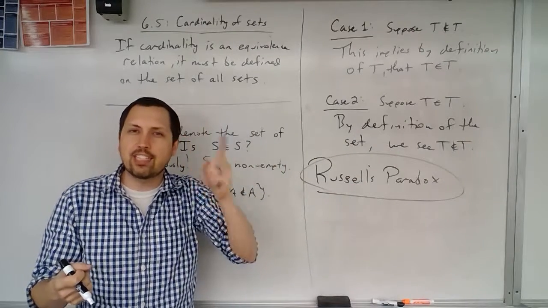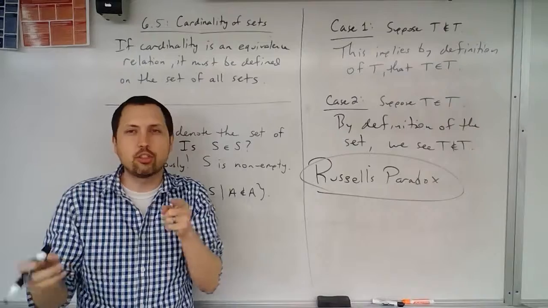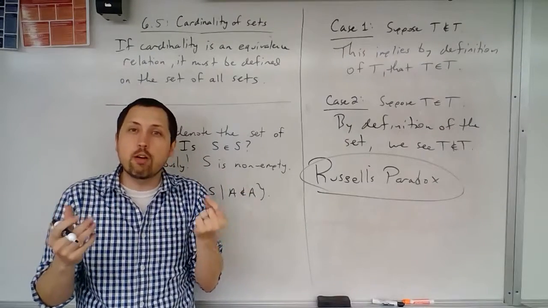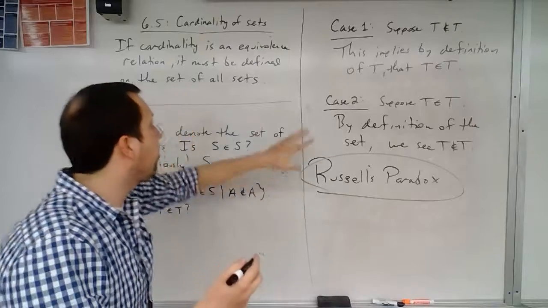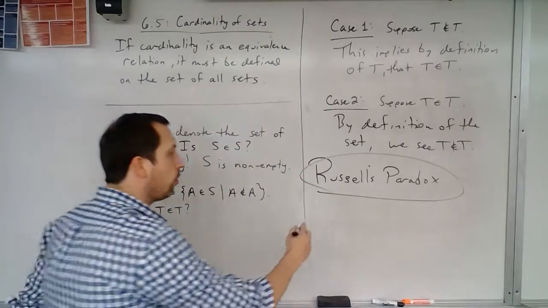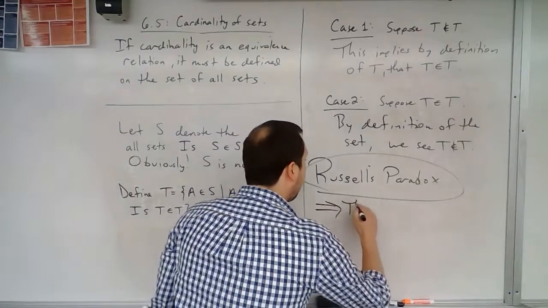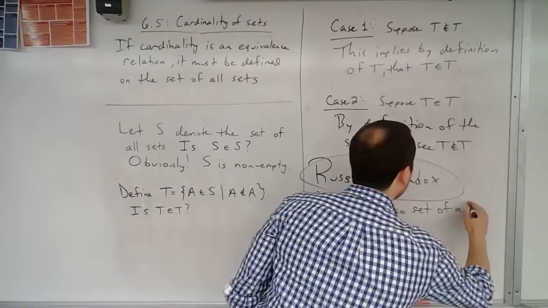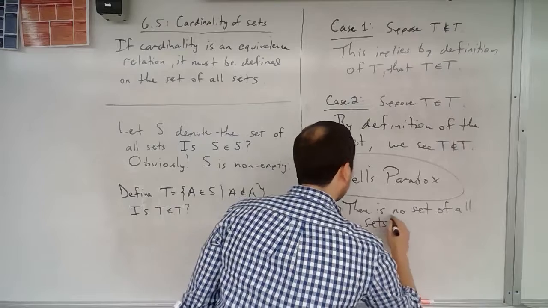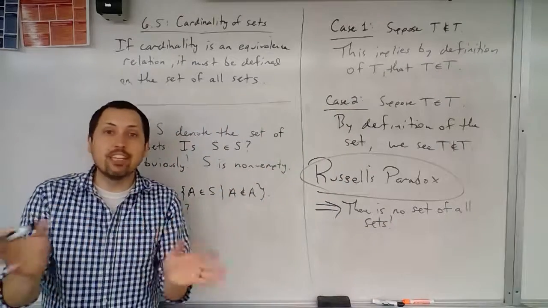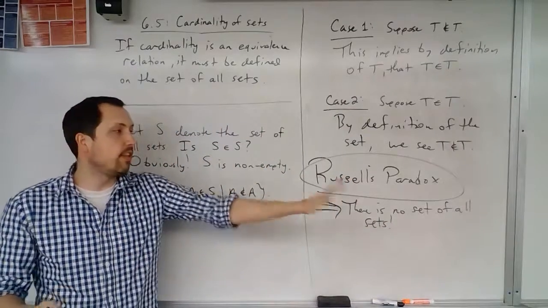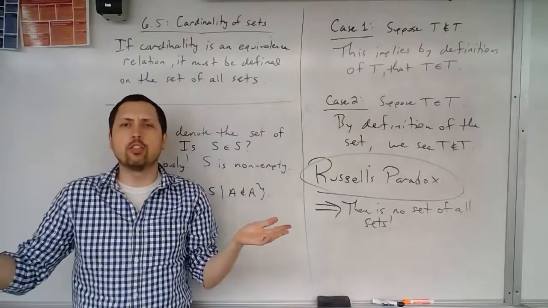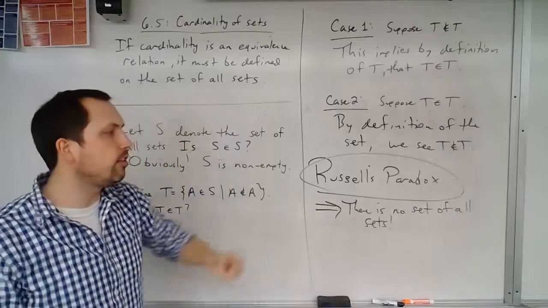When we define sets the way we've defined them, as just a collection of objects or elements, we start to run into some troubles. What Russell's paradox shows is that there is no set of all sets. So it's nonsensical to even talk about the set of all sets. We've just shown that if you do, you just get contradictions. Nothing makes sense.